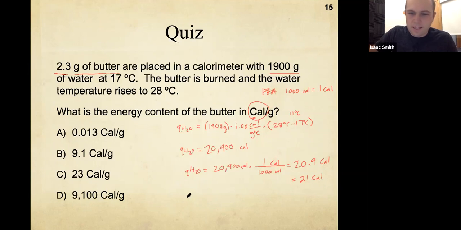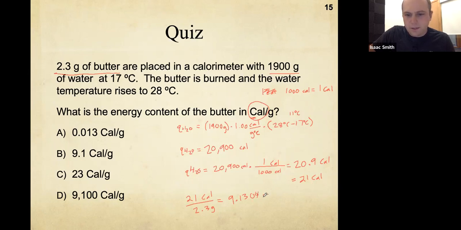Okay, so we're going to say 21 calories over 2.3 grams. Okay, and that will get us 21 divided by 2.3. It's going to get us to 9.1304, blah, blah, blah. It goes on and on, okay?